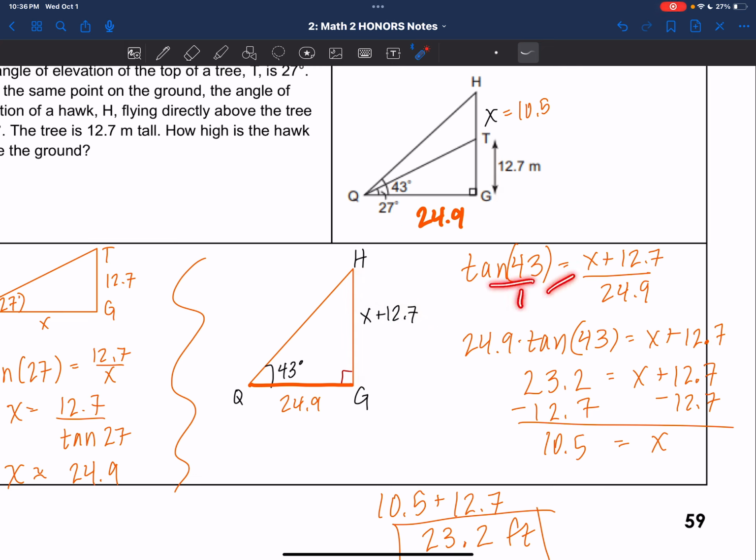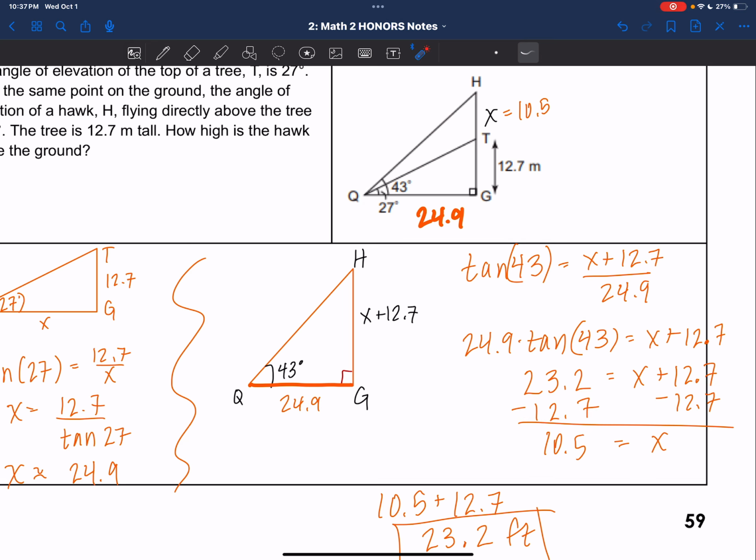So put this over 1, cross multiply, and then we've got 24.9 times tangent 43 equals x plus 12.7. Go ahead, put that into your calculator. You're going to get 23.2. And then now, don't forget to subtract the 12.7 from both sides. And you'll get 10.5 equals x.